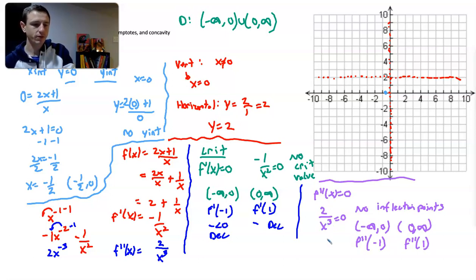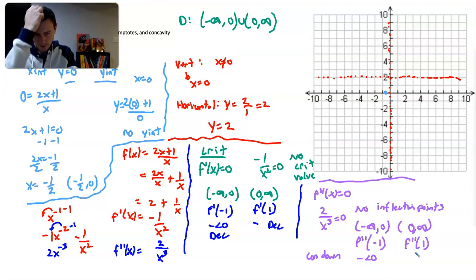Plugging negative 1 into the second derivative, negative 1 to the third is negative. 2 over a negative is a negative. So that means we're going to have concave down. For f double prime of 1, 2 over 1 is positive. So that means we're going to have concave up.